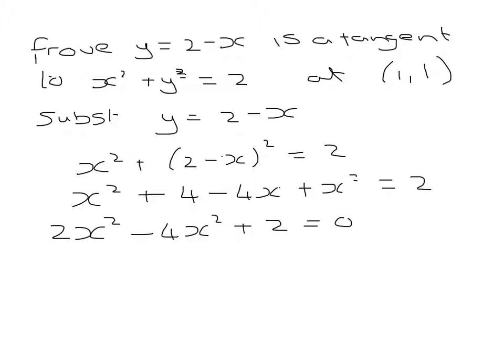Now, because we've got the 2 in front of the x squared, the first thing we should do is check, can it divide into every number? And it can. So we're going to divide each term by 2. This gives us x squared minus 2x plus 1.